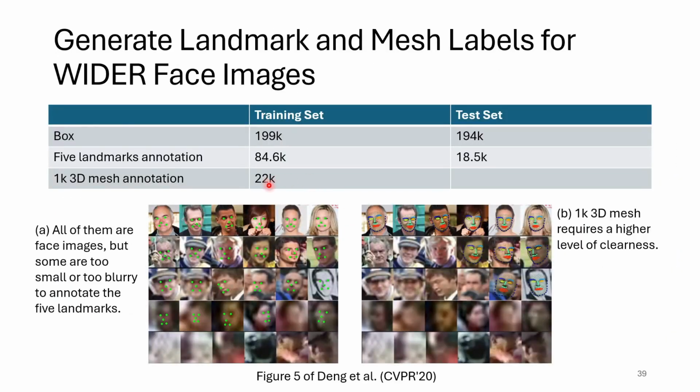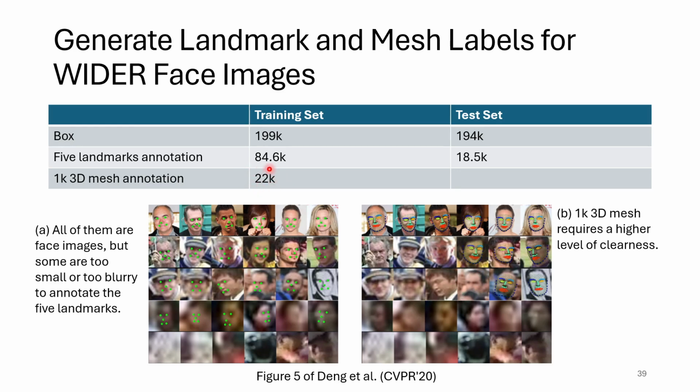For this type of annotation, they need even higher quality images. For example, this image, the quality is not very good, so it can be used to generate the 5 landmark annotations, but it cannot be used to generate the 1K 3D mesh annotation.